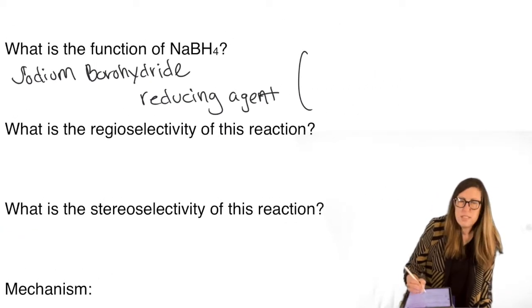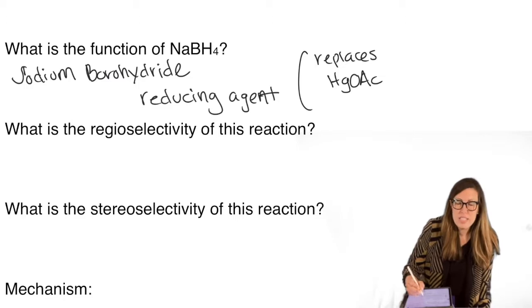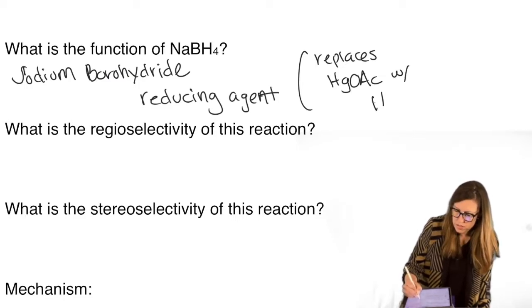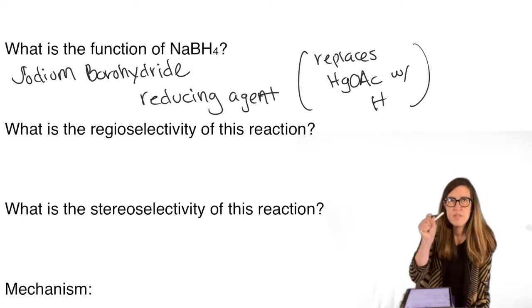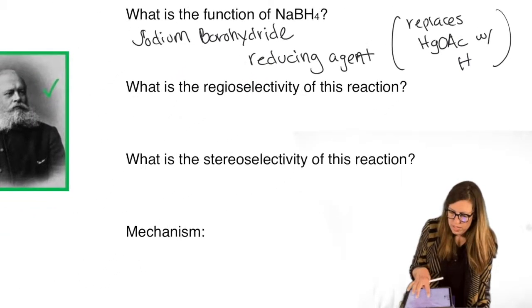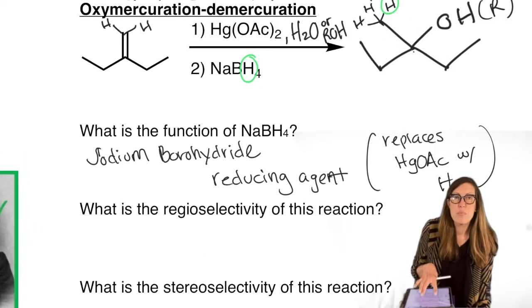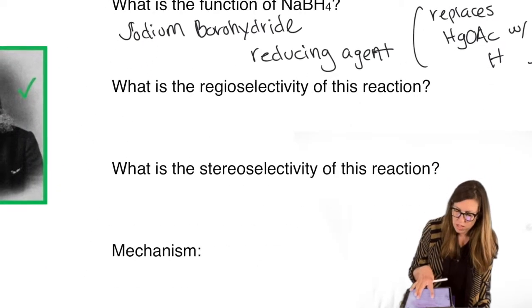What it really does in this mechanism is it replaces the HgOAc from step 1 with an H. So step 1 gets that regiochemistry worked out, which by the way is OH on the more substituted, H on the less substituted, so Markovnikov.